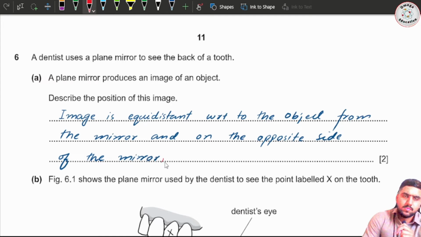And if you want to add this, you can also add in the same line as the object.